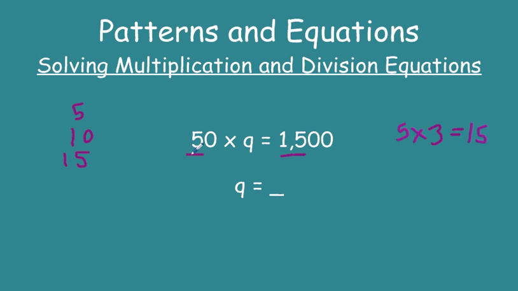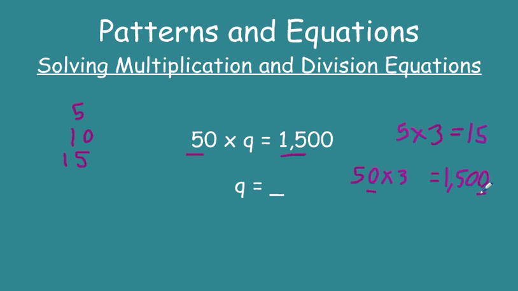Now I have to figure out how I can adjust the zeros. So right now I have 50 times 3 equals 1,500. I have 1 zero over here, and I have 2 zeros over here. So I have to figure out how many more zeros.